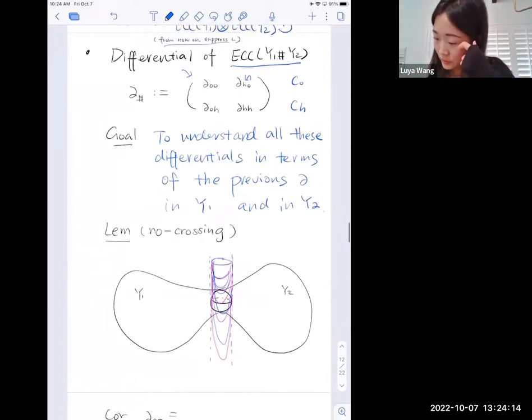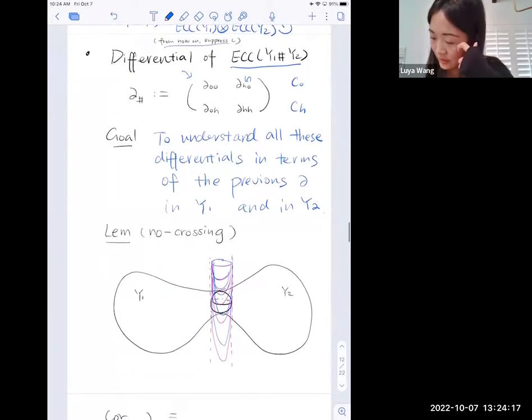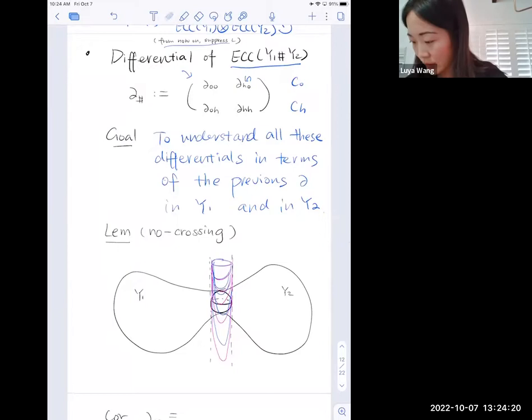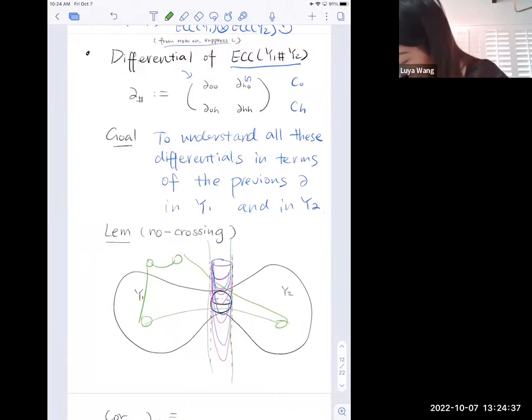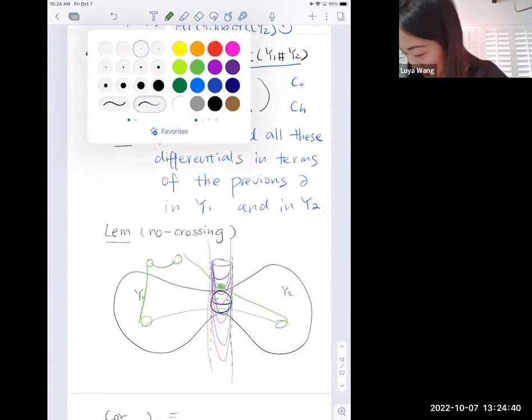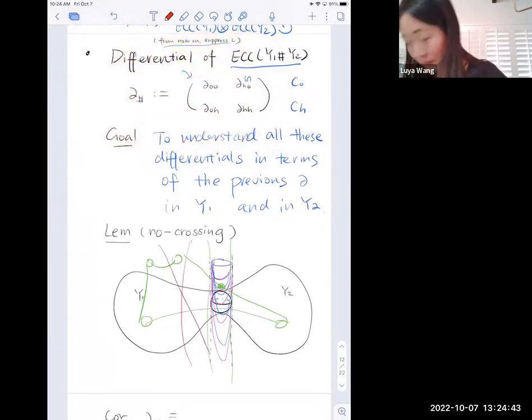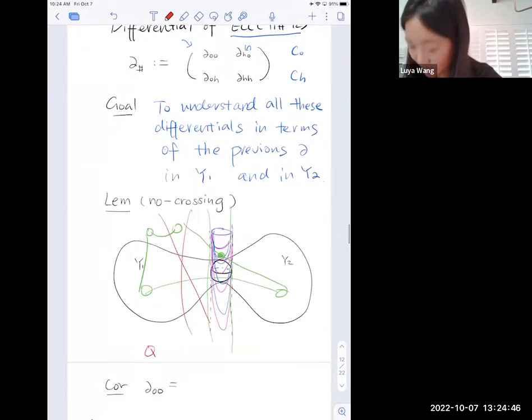First, let me show you a useful non-crossing lemma, which says if you have a curve whose asymptotic ends are in the original Y1 and original Y2, then if it crosses this region foliated by the planes, these curves can't exist. This is a quick intersection argument. I need to explain what this is: Q_tau is the relative intersection that we see.